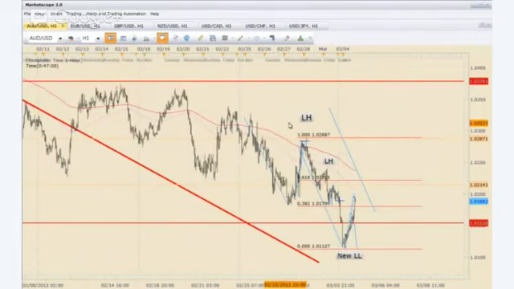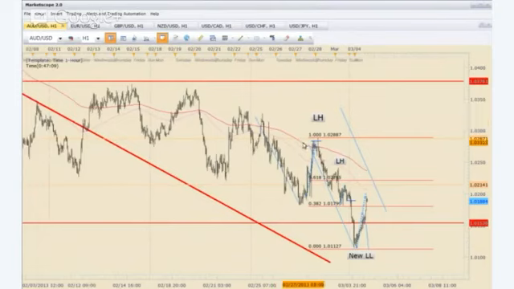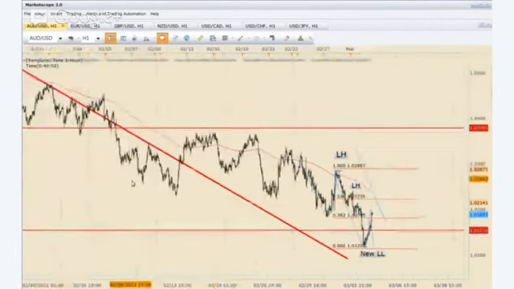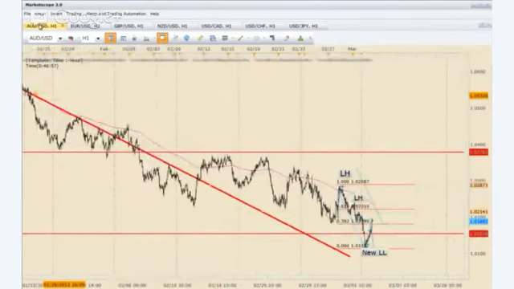This is not to say you take your entry when the 100 crosses the 200. You use the 100 and 200 to tell you the direction that you should be trading in. And if we go back, look at the Aussie dollar on the 1 hour chart. It's been 1 week, 2 weeks, 3 weeks, 4 weeks, 5 weeks, 6 weeks of moving down, and the 100, 200 EMA has been telling you for the past 6 weeks, only be looking for short trades.